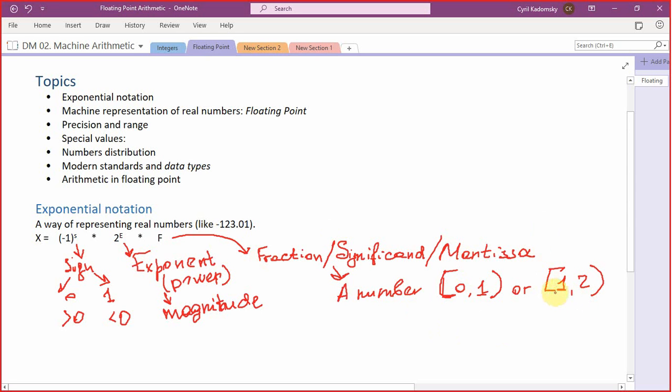Okay. Actually, if this number f is in the first range, 0 to 1, our x is called denormalized.